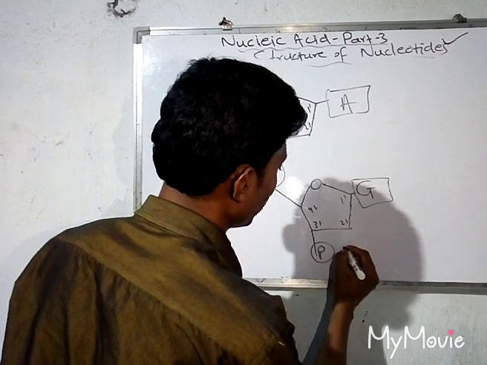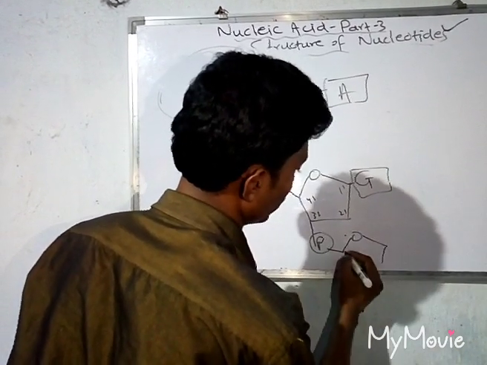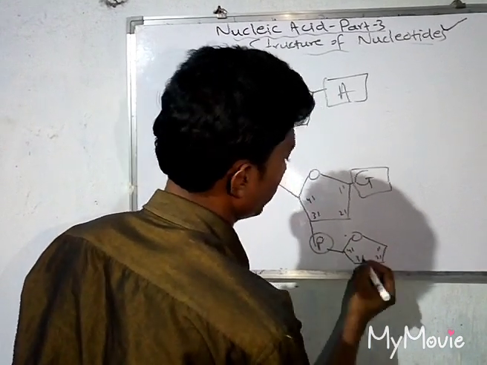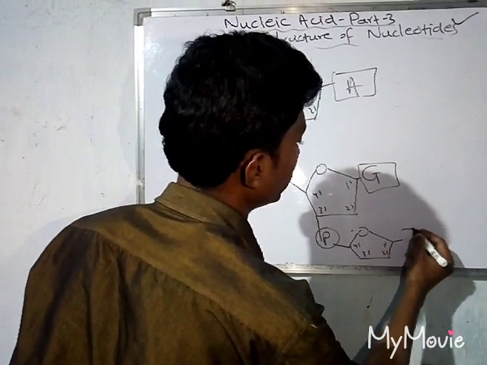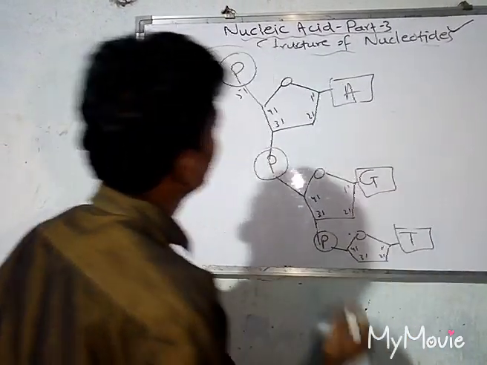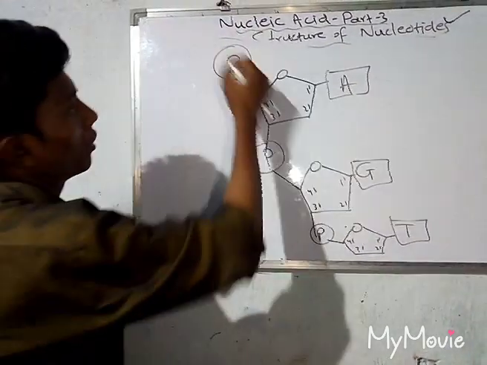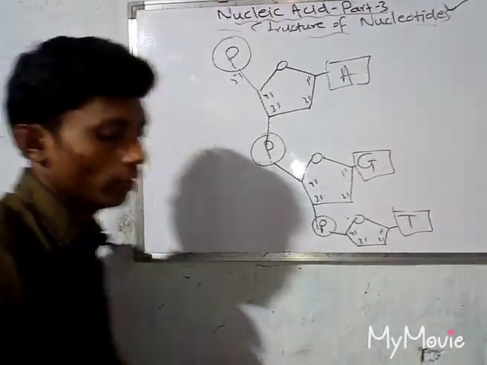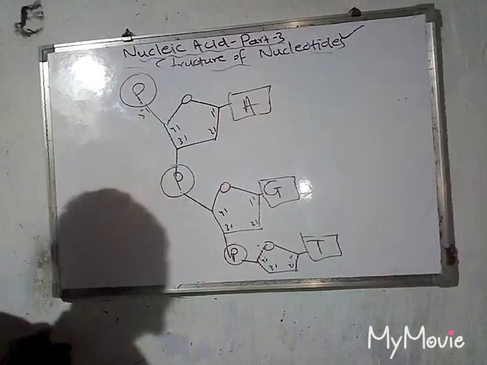Now let us consider this is G, that is guanosine, this is adenosine. Here you can take another 1 prime, 2 prime, 3 prime, 4 prime, 5 prime, with another sugar molecule.